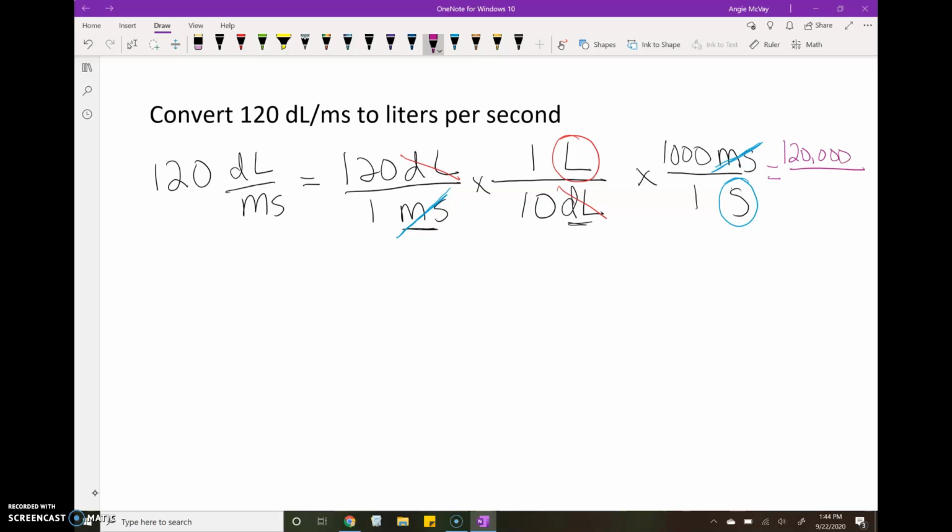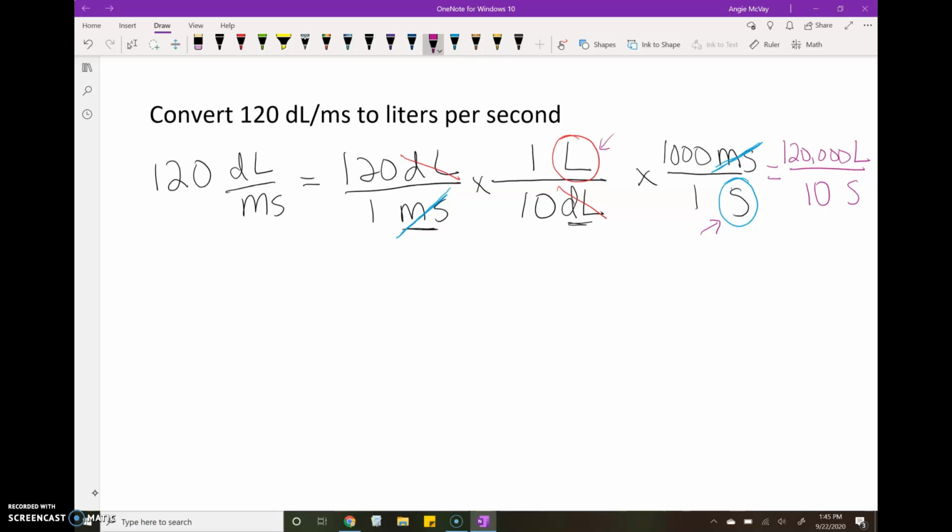Our unit left over on top is liters. In the denominator, we have 1 times 10 times 1, so we have 10 in the denominator, and our unit left over in the denominator is seconds.